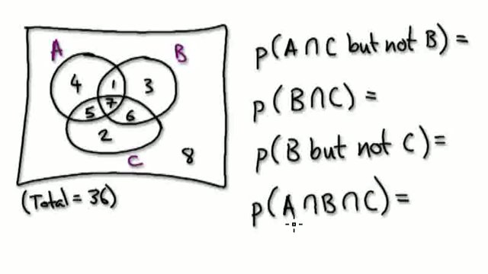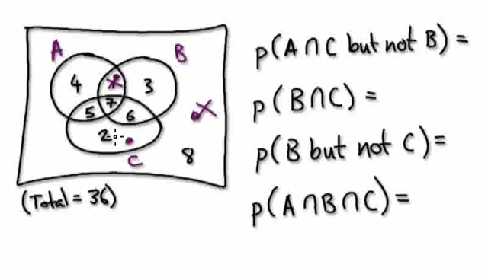Alright, this last one here. What's the probability of A and B and C? So you've got to look somewhere on this diagram where it's in A and it's in B and it's in C. If you look at this here, it's in A and it's in B, but it's not actually in C. So this is a bad outcome. If you look at this here, it's not in A, not in B, not in C. Bad outcome.